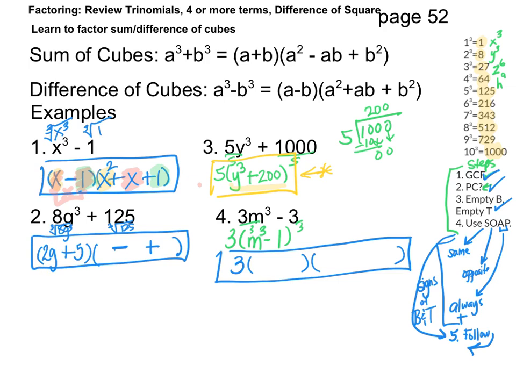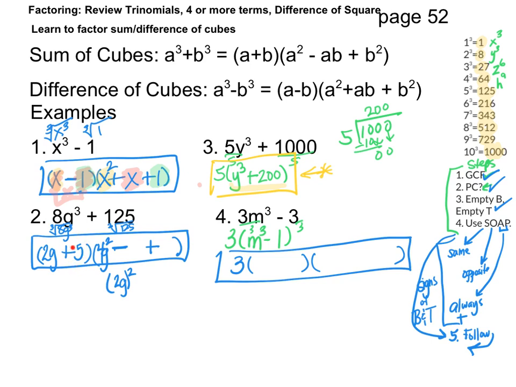Now remember, this term here is the square of this term. Let me write that below there so you can see what that means. The square of 2g. 2 squared is 4, g squared. Minus, I'll do the middle term last. The last term, this term, is the square of this one.